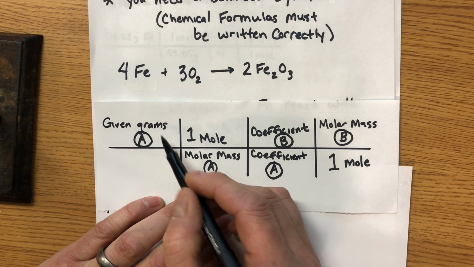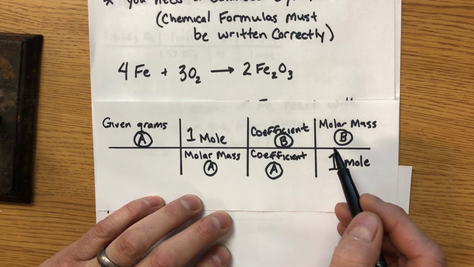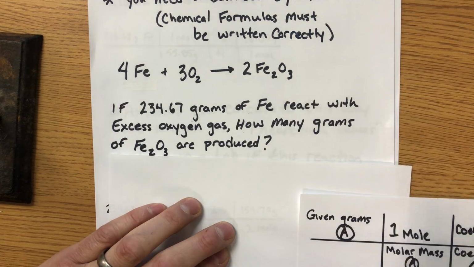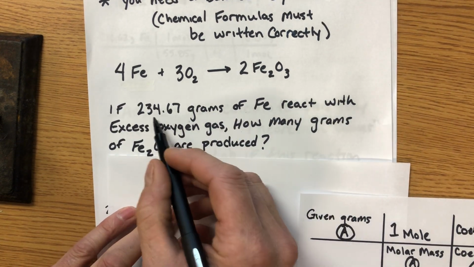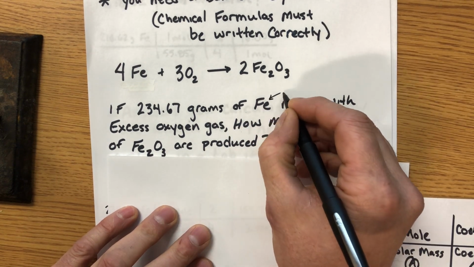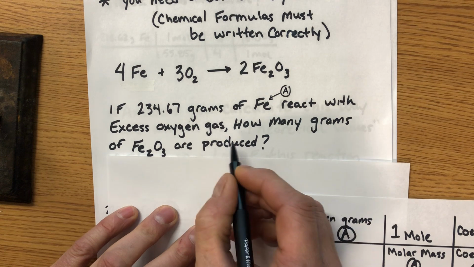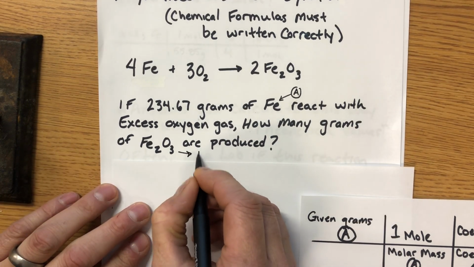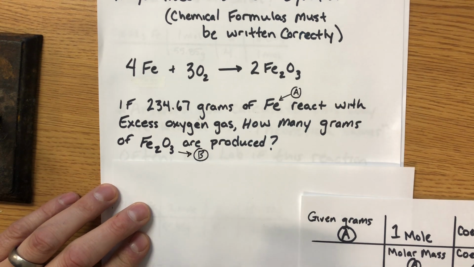So we know how much of A we're starting with, and then B is the chemical that we're asking about in the problem. In this case, we have the amount of iron that we're starting with, that makes it chemical A, and then we're asking about iron 3 oxide, and so that makes this chemical B.